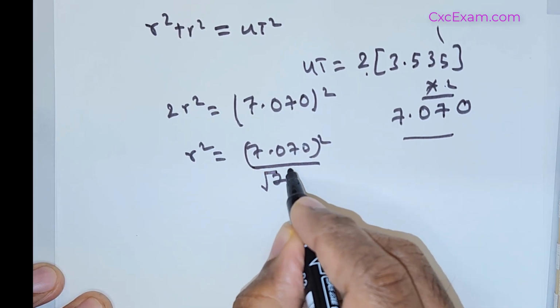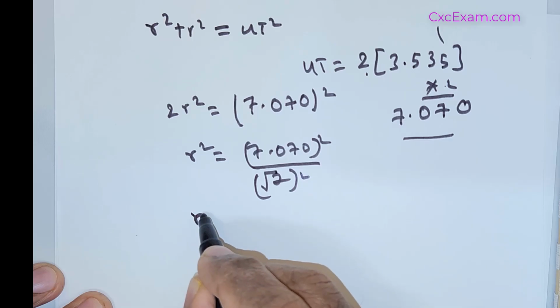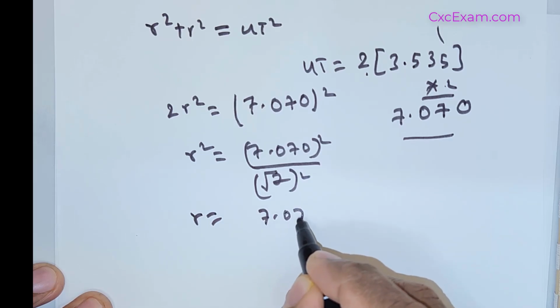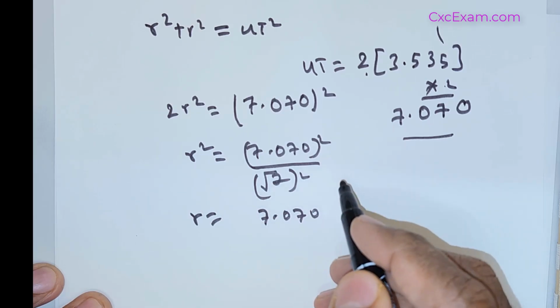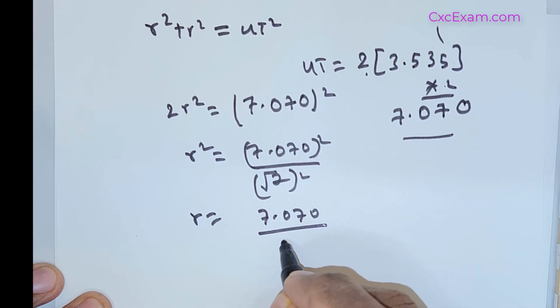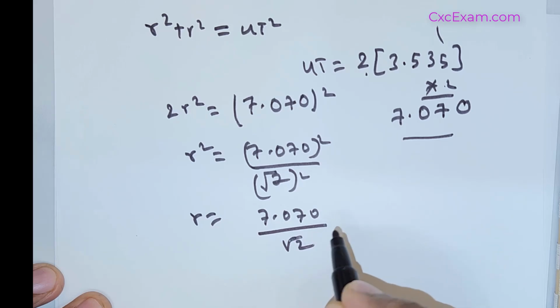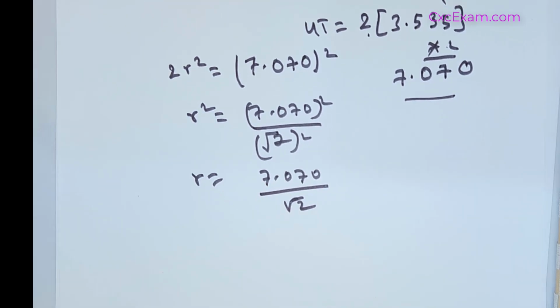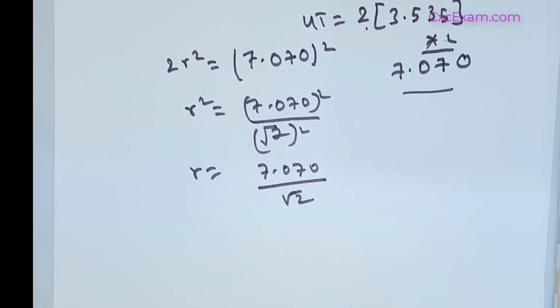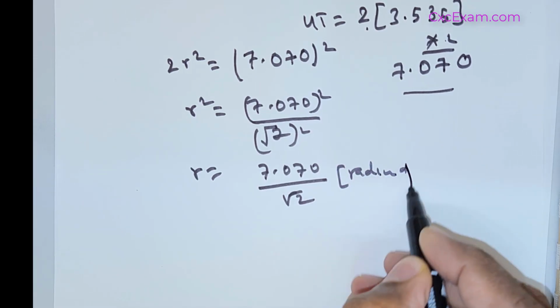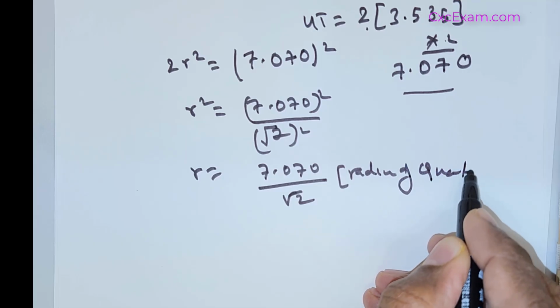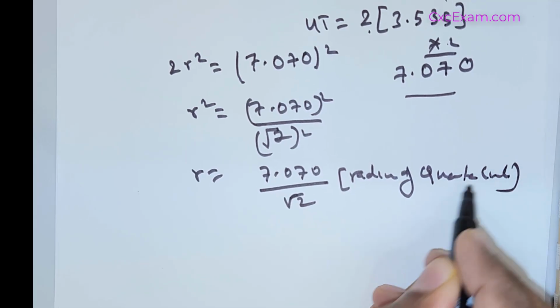I am going to write this 2 as root of 2 squared. So R is going to be 7.070, if I take the square root, divided by root of 2. So this is going to be my R. Okay, so this is the radius of the quarter circle.